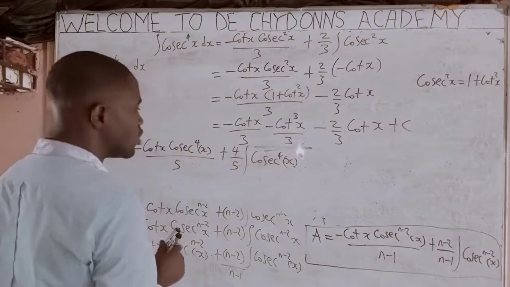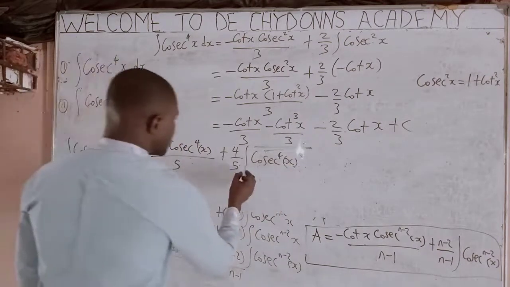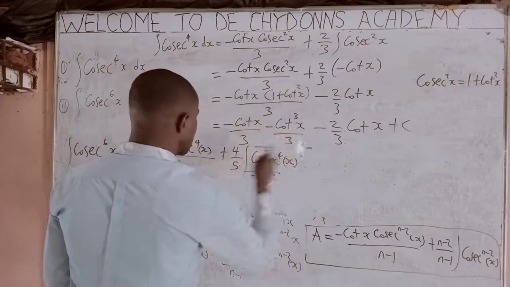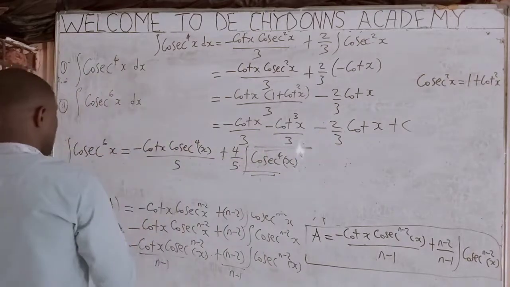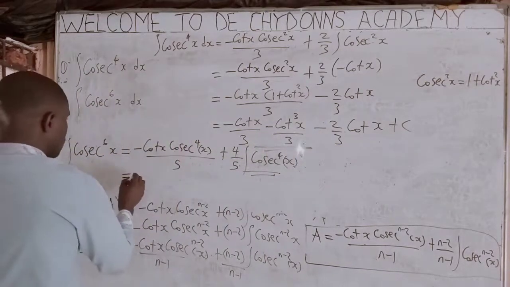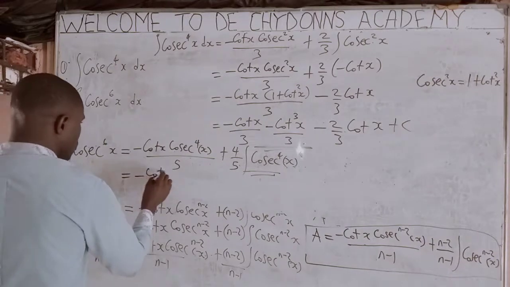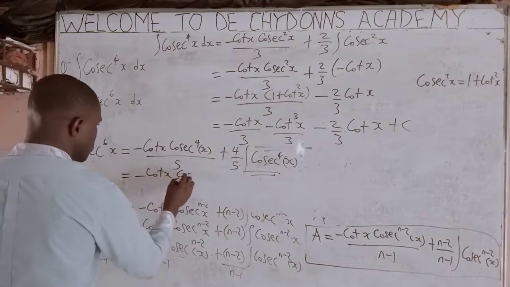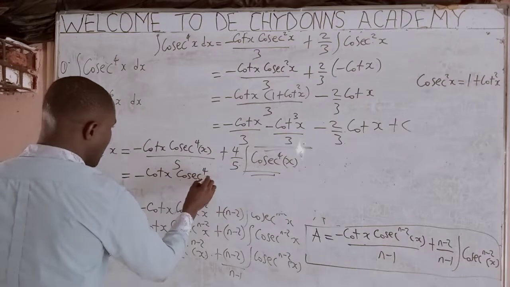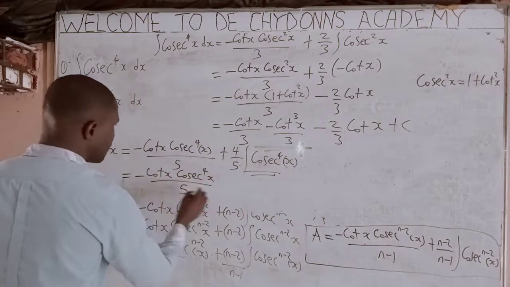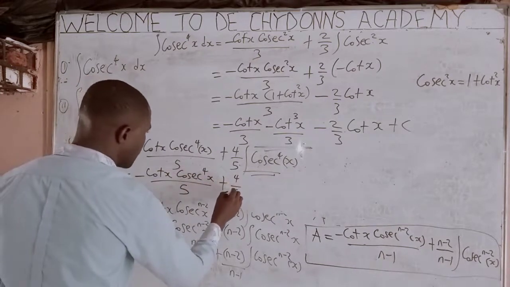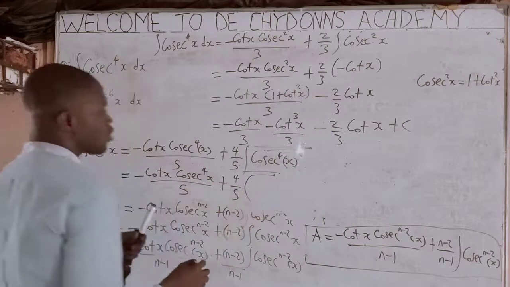So we have integrated this to have this. You now package and say this is equal to minus cot x cosec raised to power 4 x all over 5 plus 4 over 5 bracket.